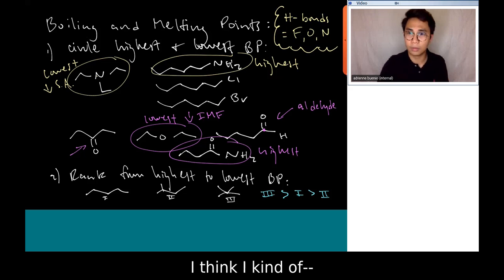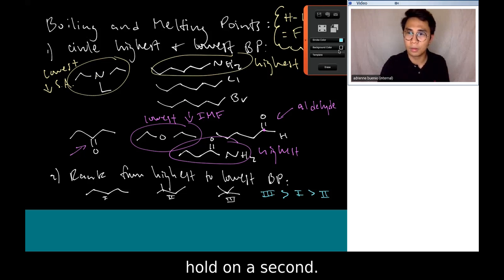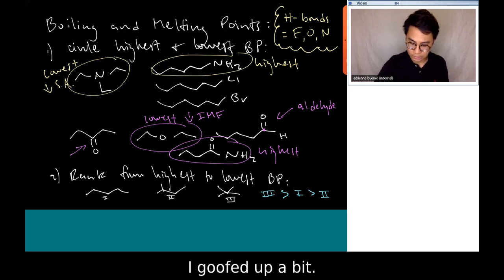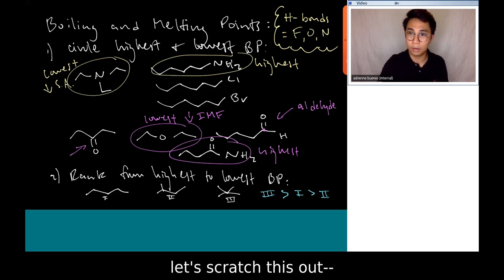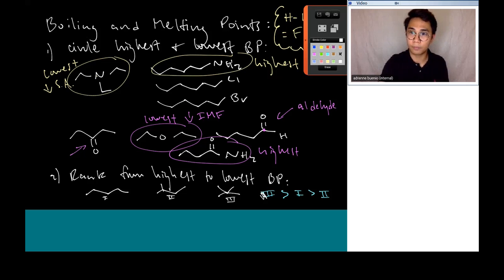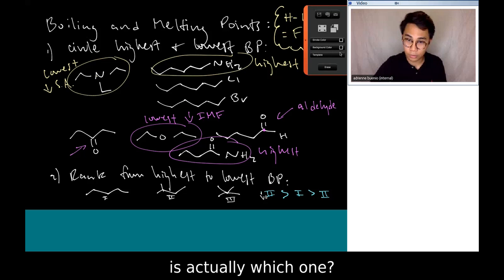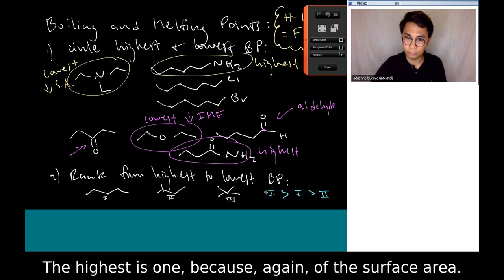Okay, hold on a second. I goofed up a bit. Let's see. So the highest boiling point, let's scratch this out, is actually which one? The highest is 1, right? Because again of the surface area.